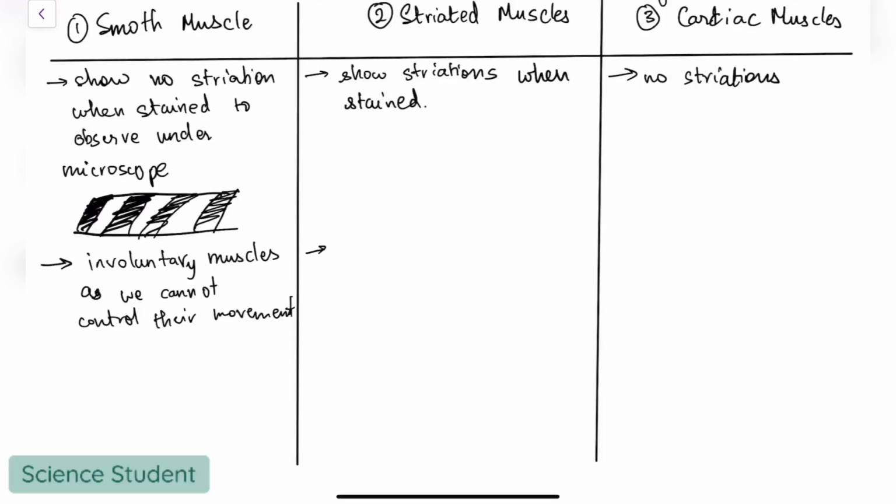Striated muscles are called voluntary, or the skeletal muscles, as they move as we wish.